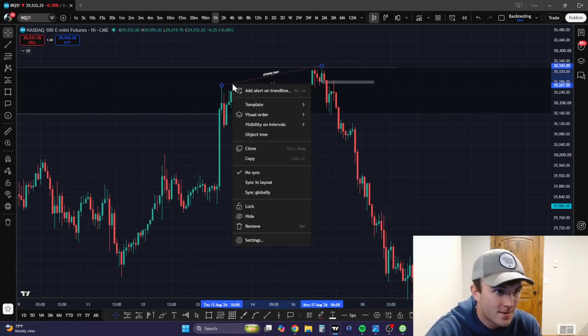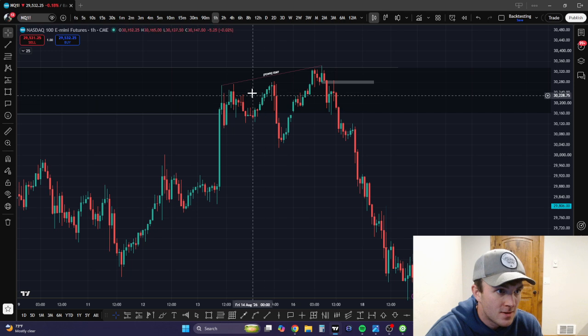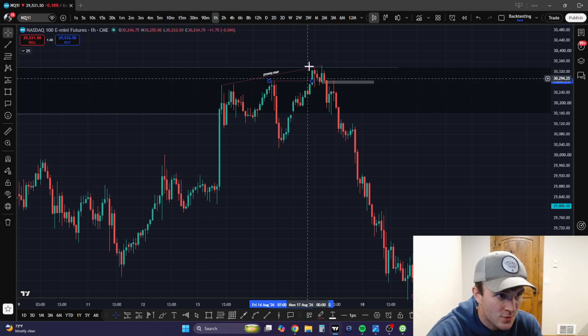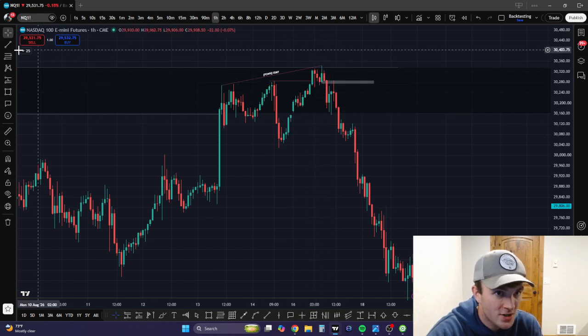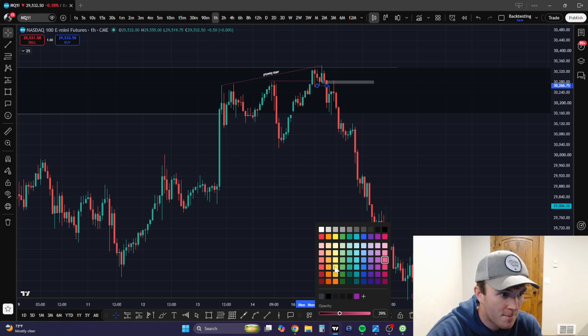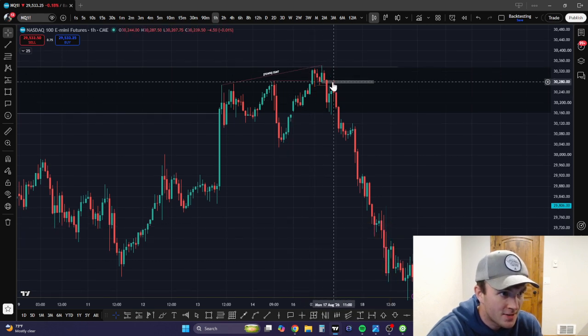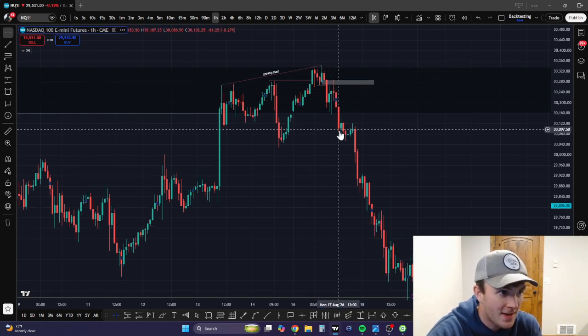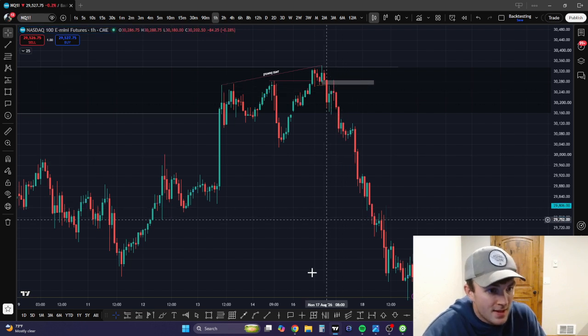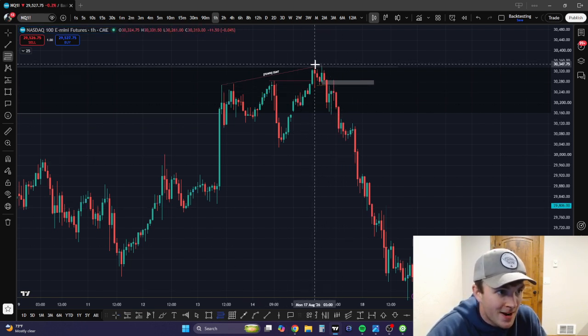Because liquidity sweep, liquidity sweep, sweep of the high, break of structure, and retrace to the fair value gap. This is our 1 hour 2022 fair value gap, and it's probably right at OTE.